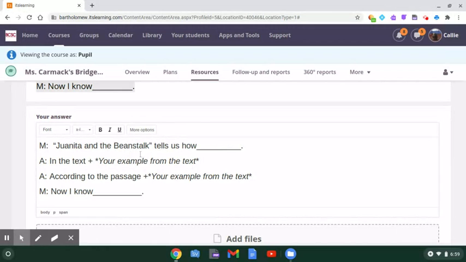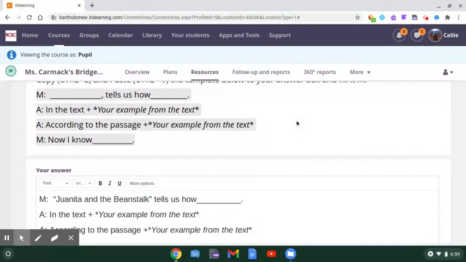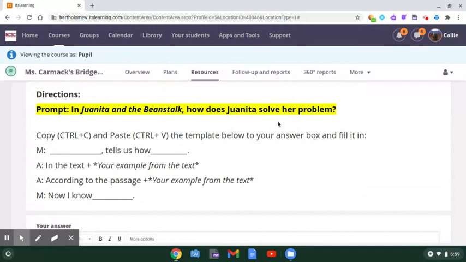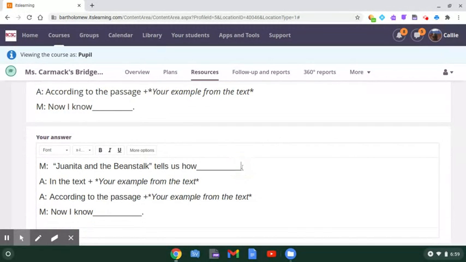Tells us how what? Well, let's look at the prompt. It tells us how Juanita solves her problem. There we go. We've got the first M done.